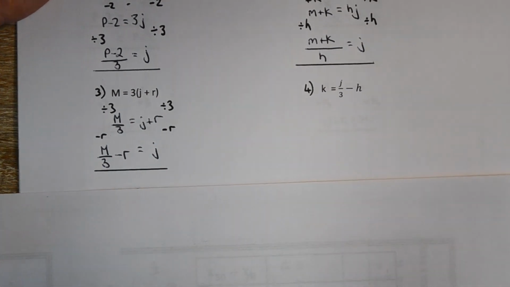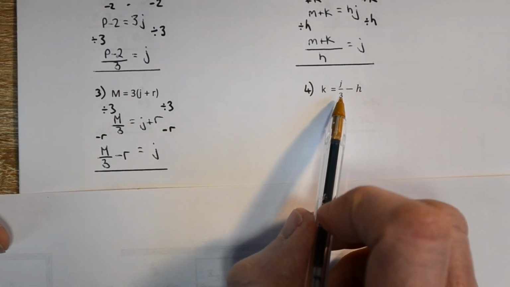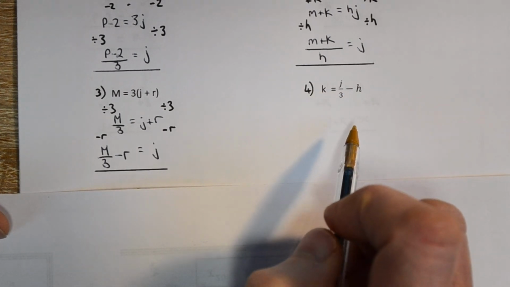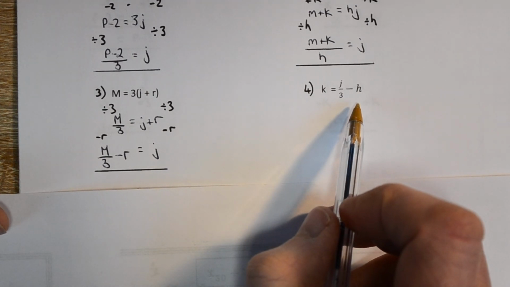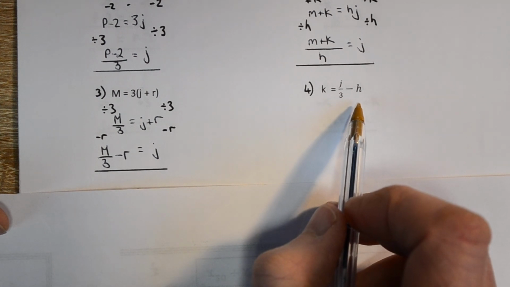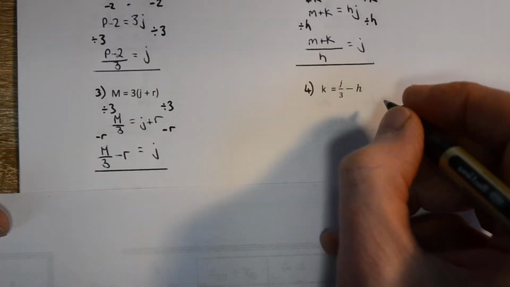How about question 4 now? So on this one we've got a divide sign, or the fraction bar, which indicates divide, and we know that division comes before addition or subtraction, and so the take away h came second, and so that's what we're going to have to do first. We can do the opposite of take away h.